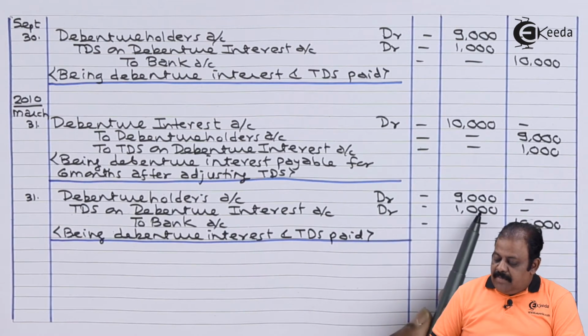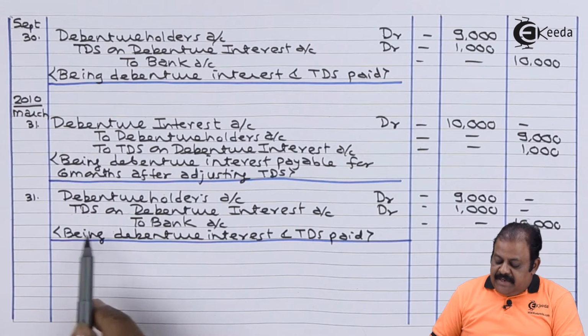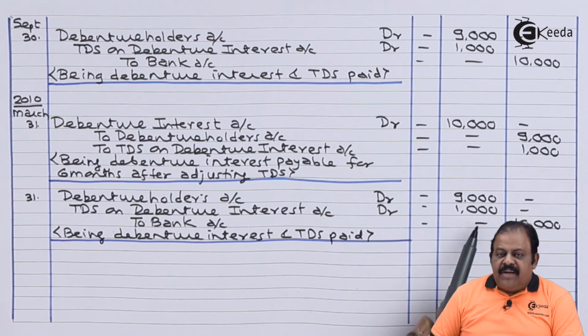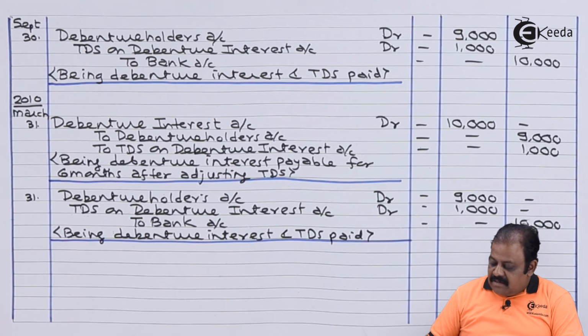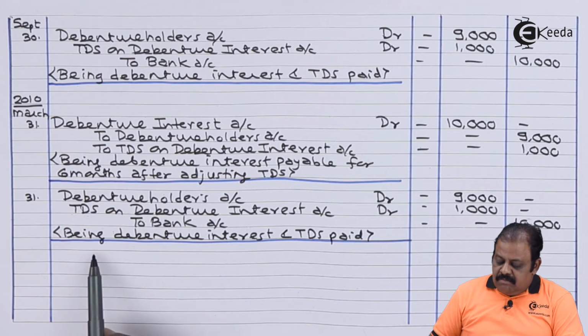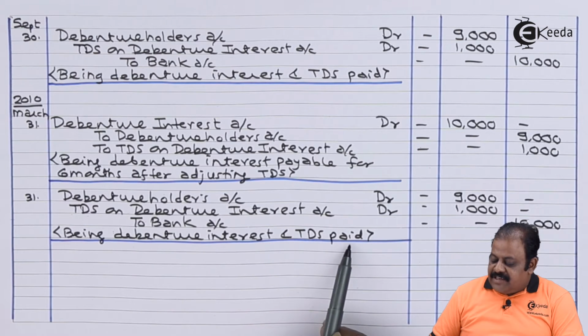Debenture holders account debit 9,000. TDS on debenture interest debit 1,000 to bank 10,000. Being debenture interest and TDS paid.